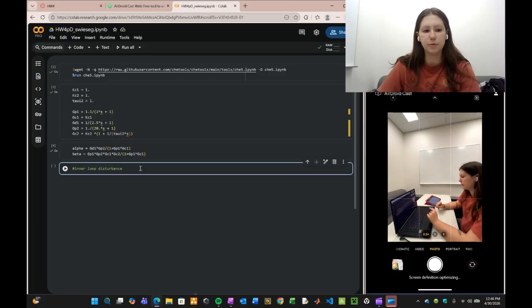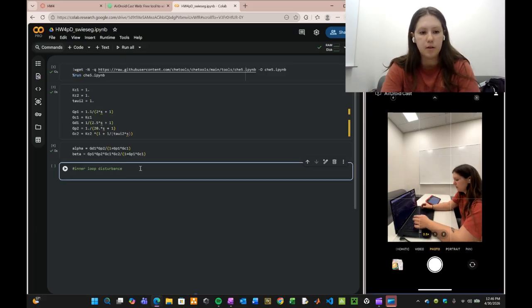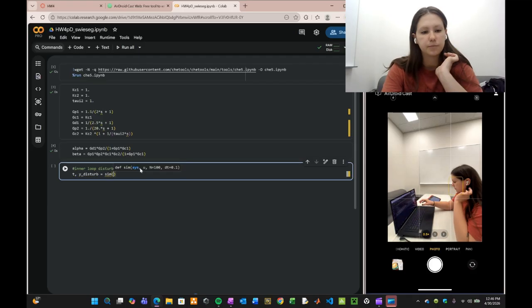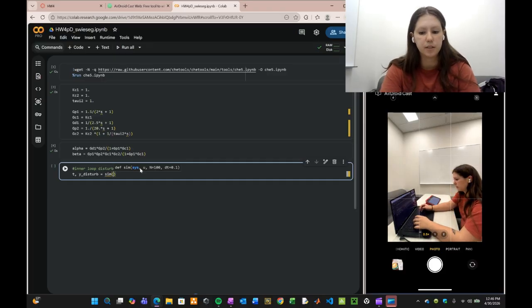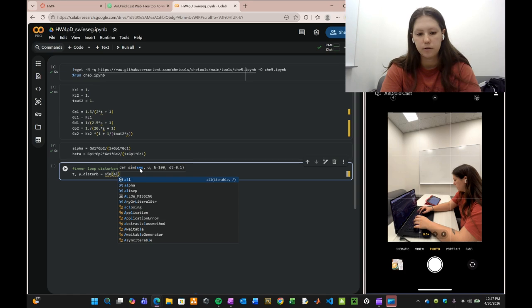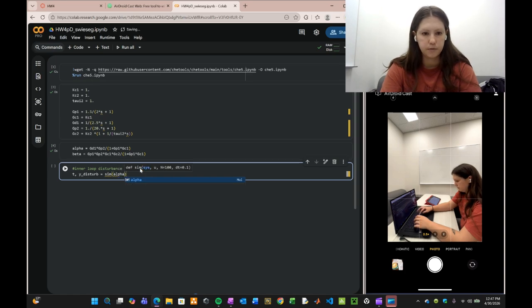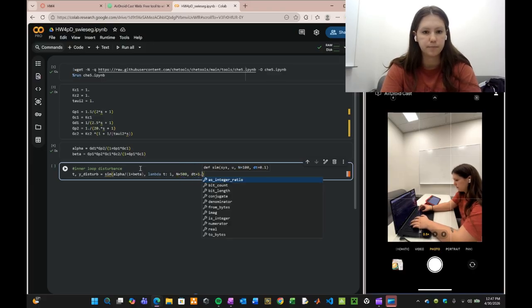But so we're doing our inner loop disturbance first. We're gonna plot that out. So we can do t comma y underscore disturb equals sim, and then we want to simulate alpha divided by 1 plus beta. We want lambda t to be 1, n equals 500, and dt equals 1.